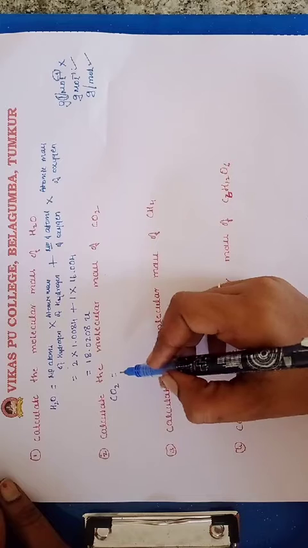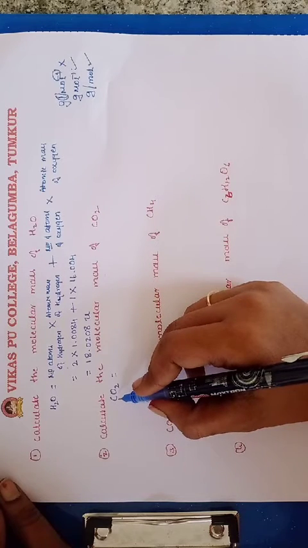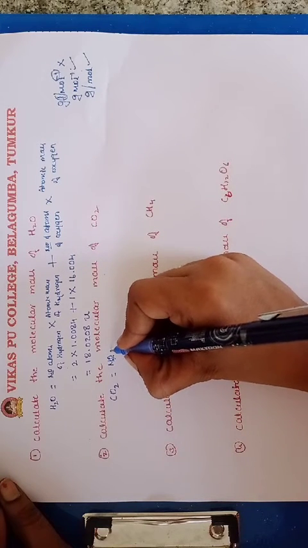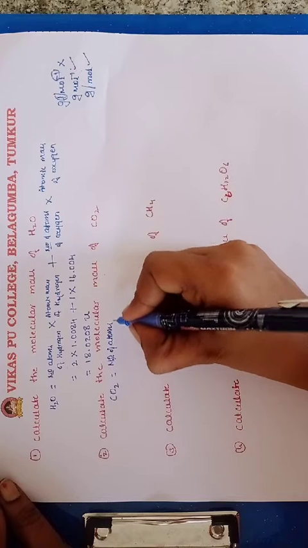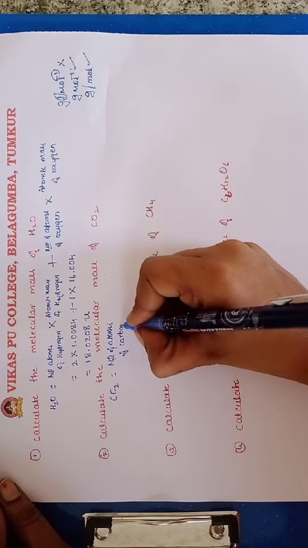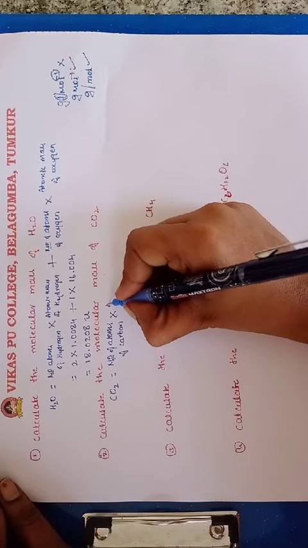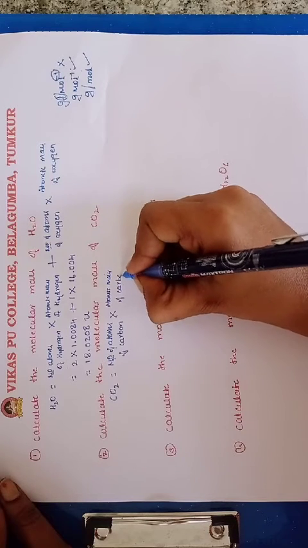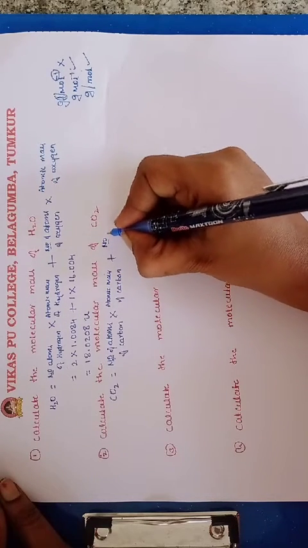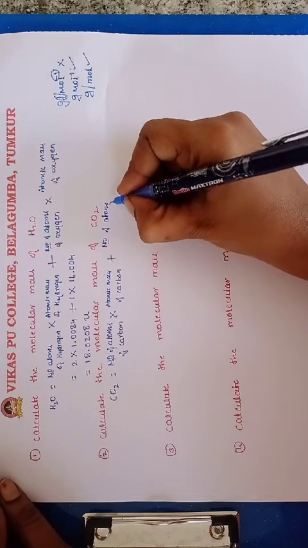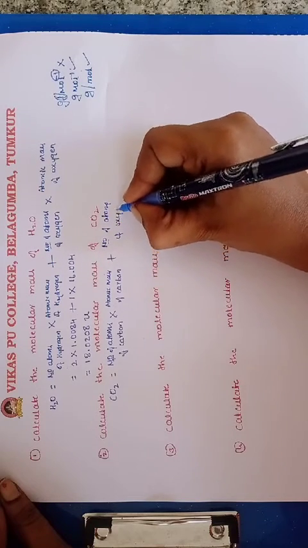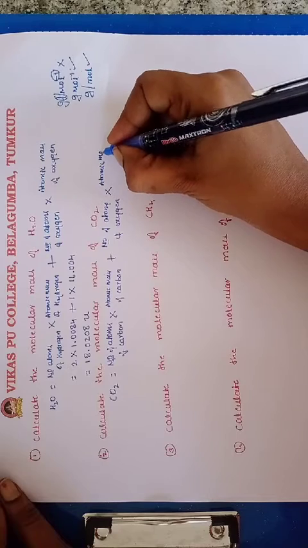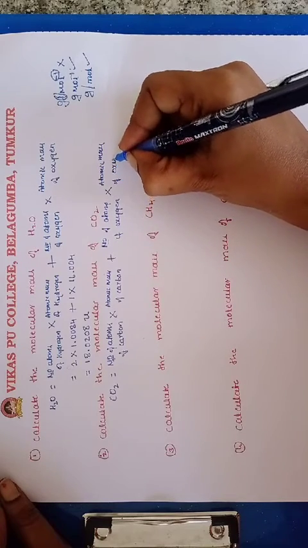Then carbon dioxide. ಅದೇ ಥರ ಕಾರ್ಬನ್ ಡೈಆಕ್ಸೈಡ್ ನೋಡೋಣ. ಎಷ್ಟು ಆಟಮ್ಸ್ ಇದೆ ಕಾರ್ಬನ್ ಆಟಮ್ಸು? 1 ಇದೆ. Number of atoms of carbon into atomic mass of carbon plus number of atoms of oxygen into atomic mass of oxygen.